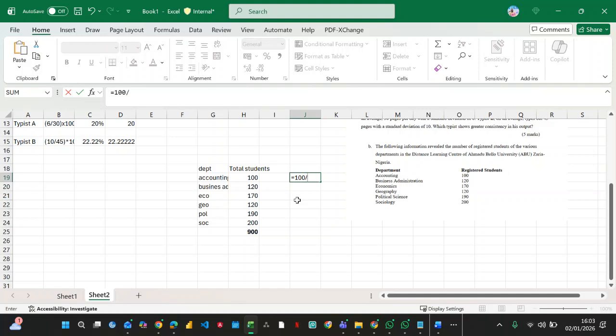I don't have this formula here, but this is supposed to be sigma xy. Understand, that is n multiplied by sigma xy, minus sigma x and then sigma y.